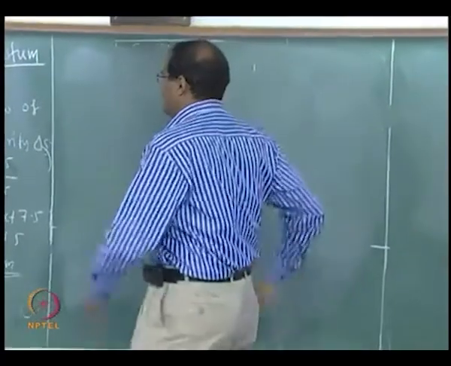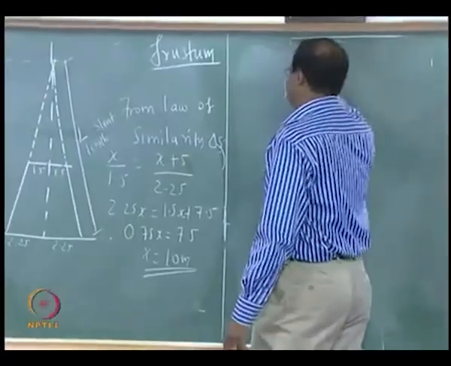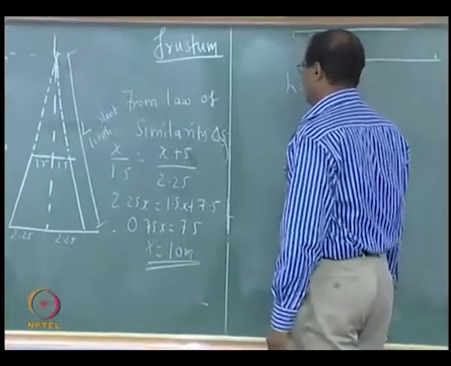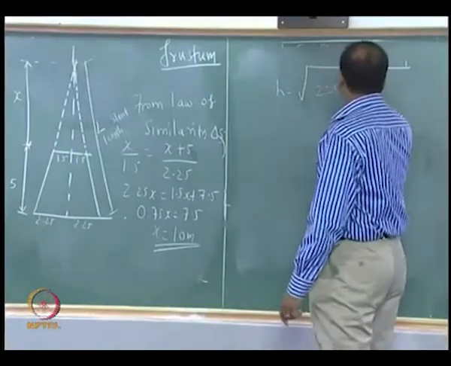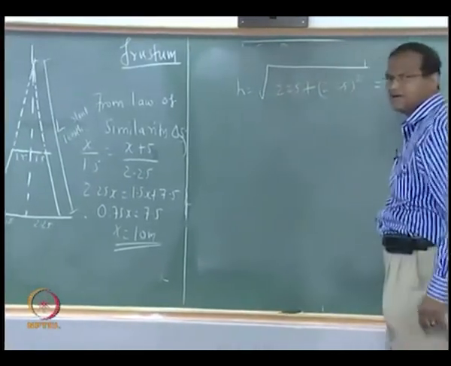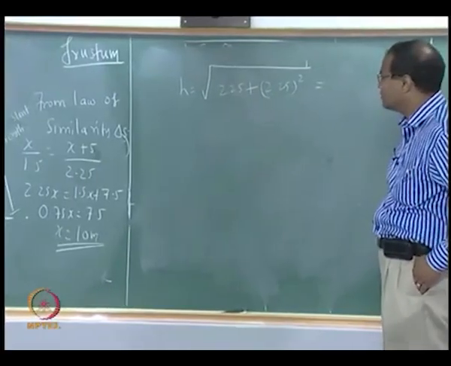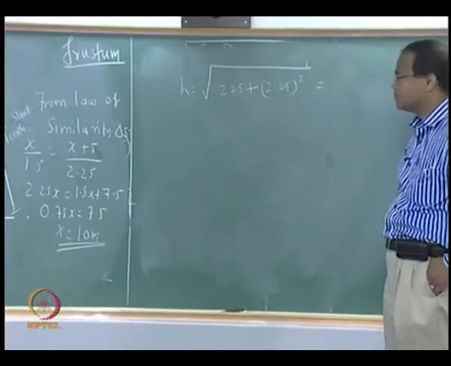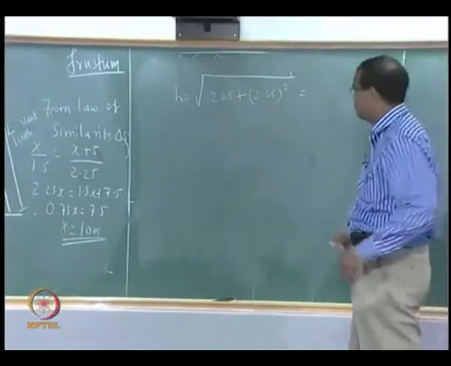Okay, so L equal to root of 225 plus 2.5 square, is that correct? 15. 15 square is 225. Yes, sir. How much is it? 15.17.